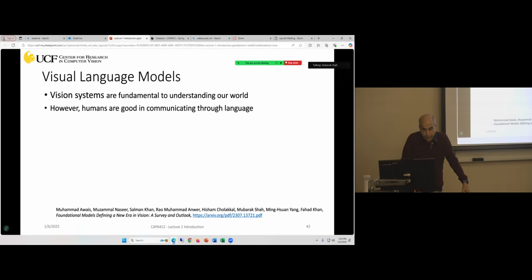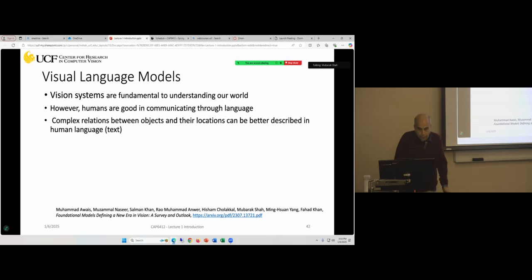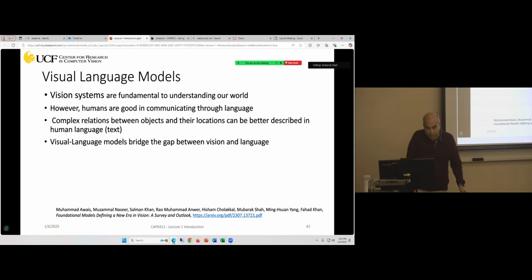And humans are good at communication through language, and we want to find the relationship between objects and their location so we can better describe it in language. So these models bridge the gap between vision and language, and they understand both image and text.